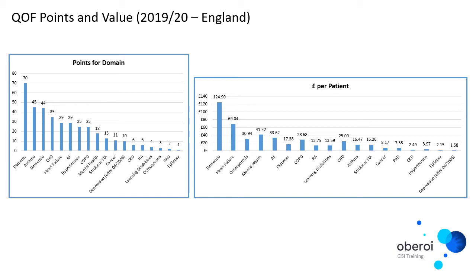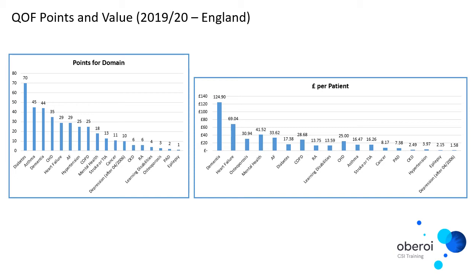And then we've also calculated the pounds per patient. So if you were to add 1 patient, this is all assuming an average sized practice with average prevalence. So what would each patient be worth on each register?